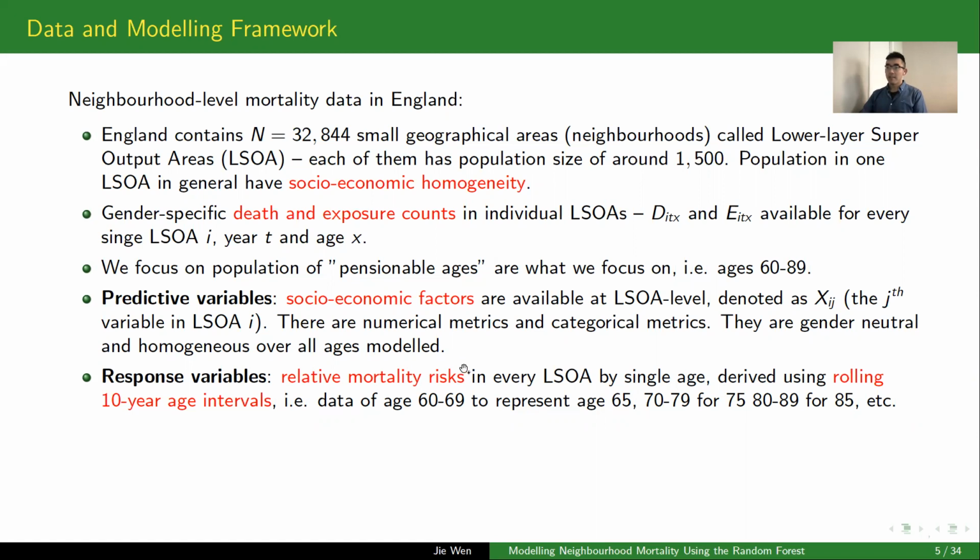For example, for age 65, we have used the data over the age range of 60 to 69. And for age 85, we have used the age interval of 80 to 89, which is minus 5 and plus 5 of the underlying age we target.